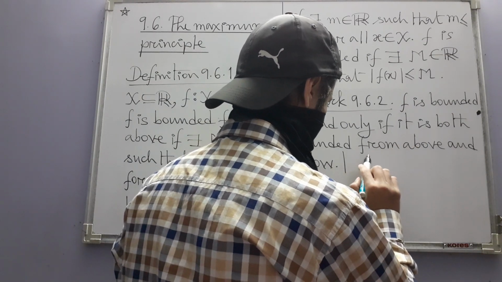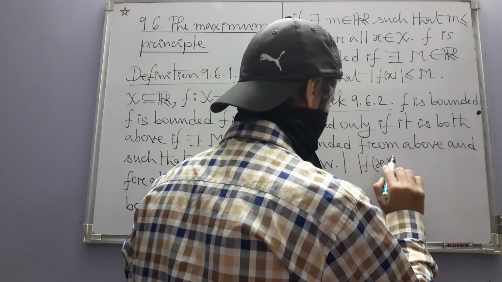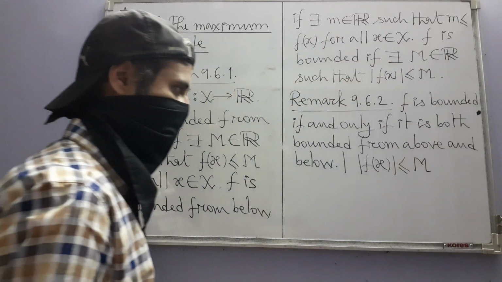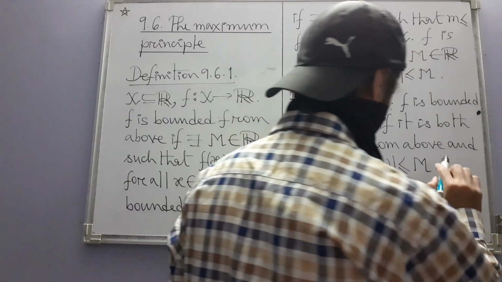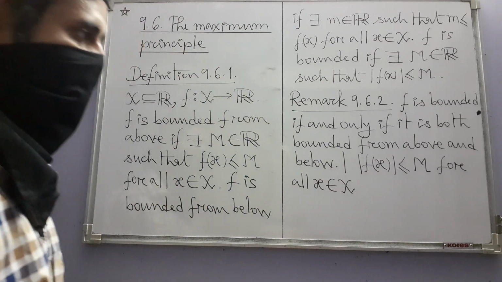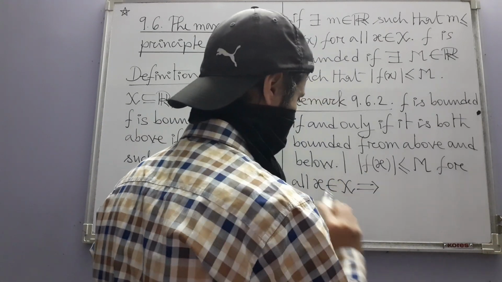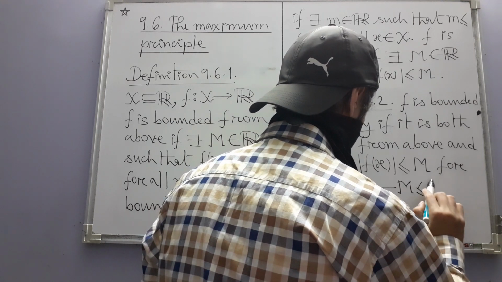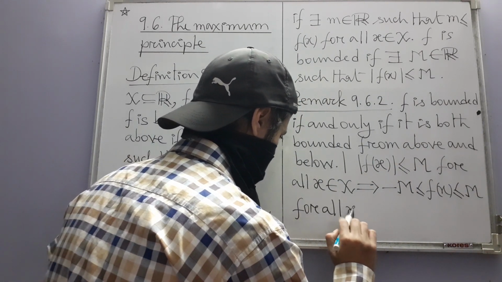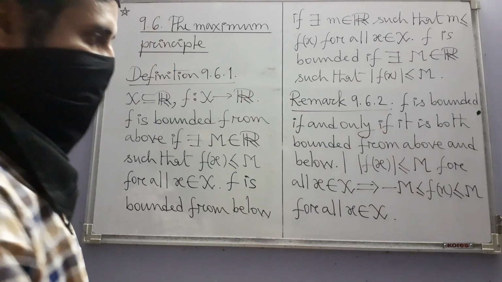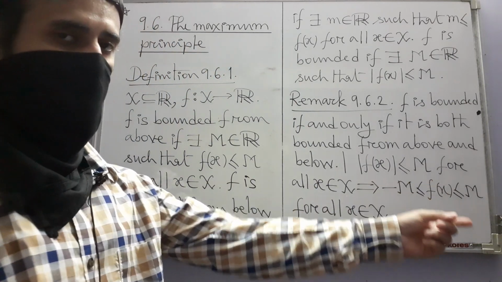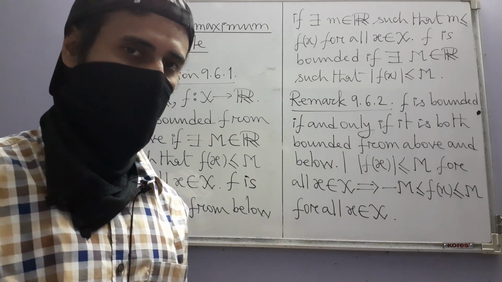If F is bounded, then there exists, here there is no point taking special values, let's just take M. If F is bounded, then there is one M for which these inequalities are true for all x belonging to X. But then we know that these inequalities are equivalent to these inequalities and they immediately tell us that F is bounded from below by minus M and from above by plus M. That is, F is bounded from below and above both.